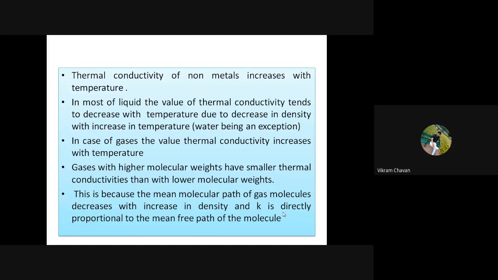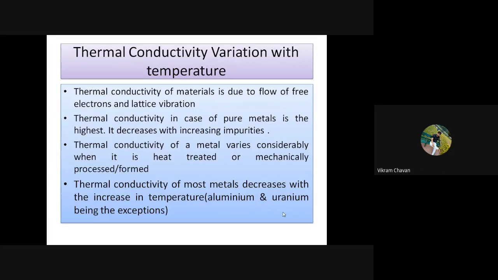Getting everyone how it happens? So our main heading is thermal conductivity variation with temperature. That is, how the thermal conductivity varies with respect to temperature. If temperature increases, what will be the impact on the thermal conductivity of a material?